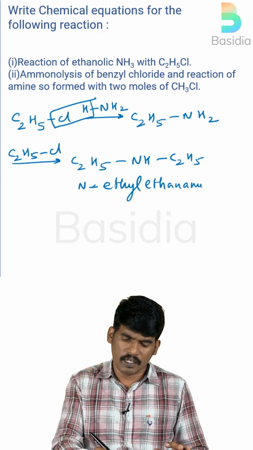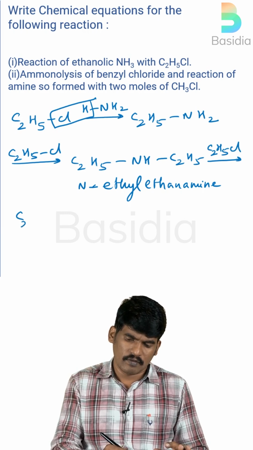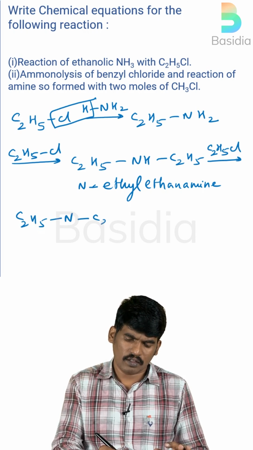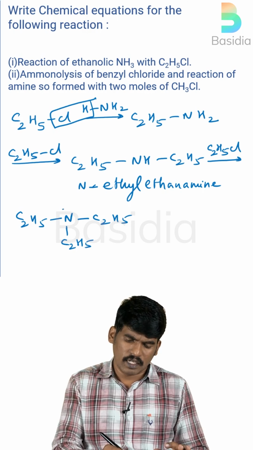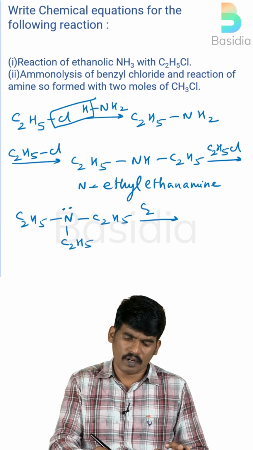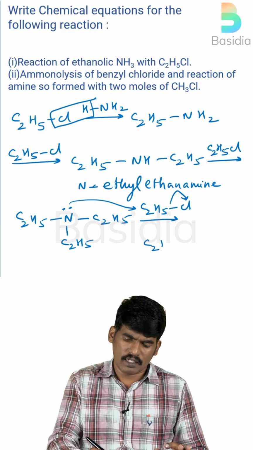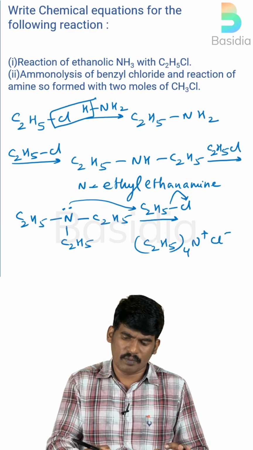N-ethylethanamine, treating with C2H5Cl, gives you C2H5N(C2H5)C2H5. It is N,N-diethylethanamine, which upon further treatment with C2H5Cl, this lone pair will be given to this, and you will get (C2H5)4N+ Cl−.